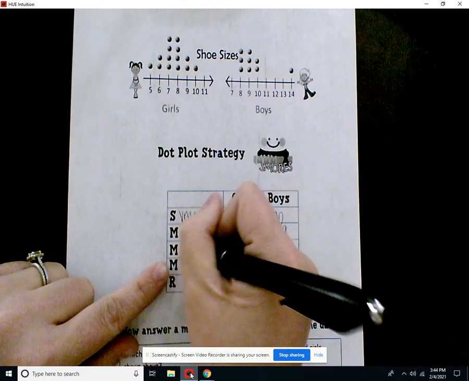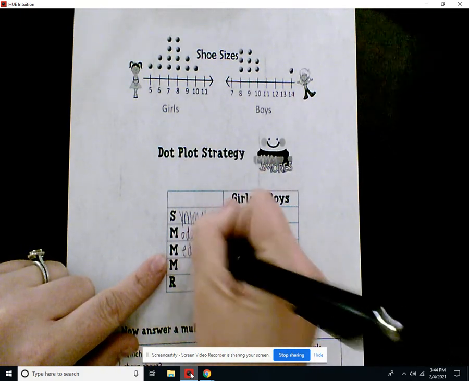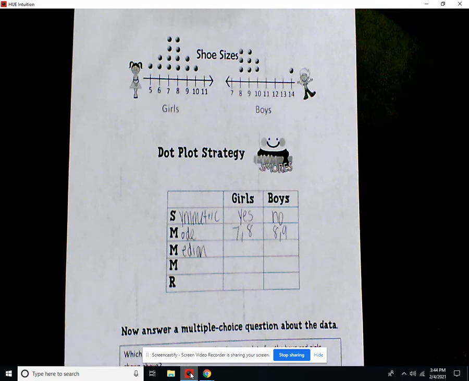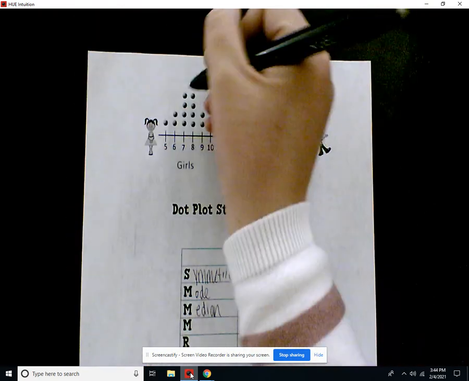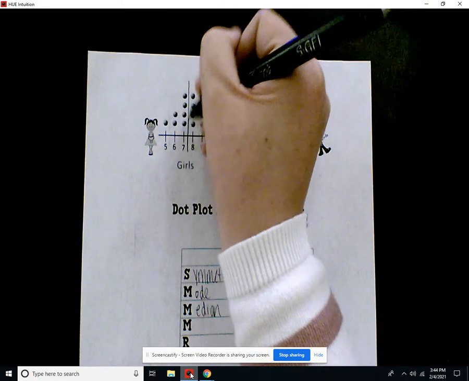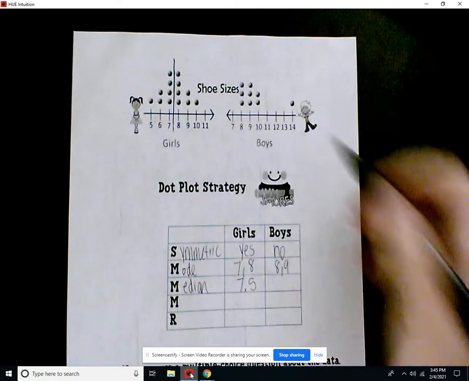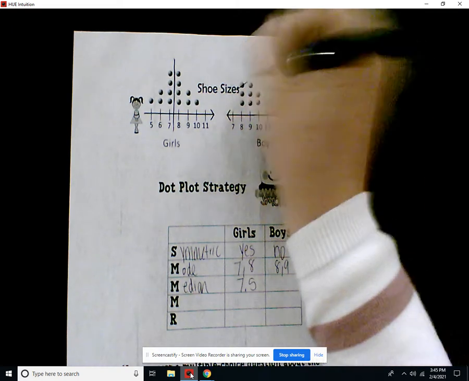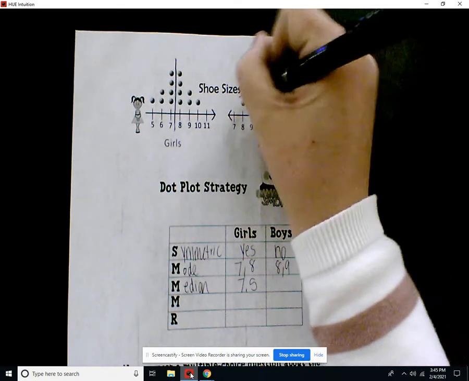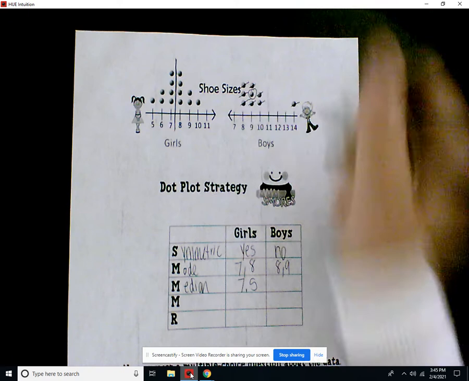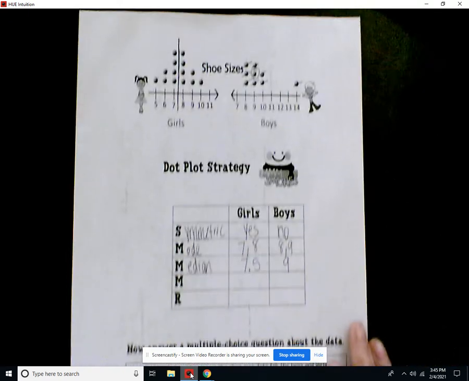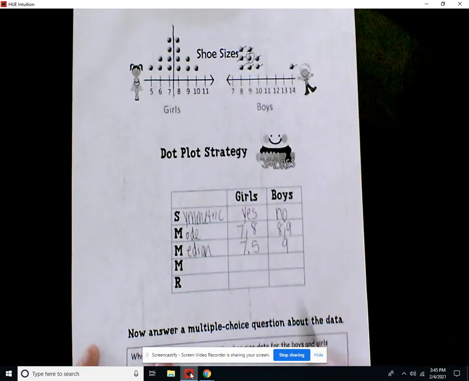Next, we'll find our median, that's our middle number. Since the girls is symmetrical, we draw a line down the middle, and that's going to be 7.5. The boys, there's not a middle, so we're going to mark off our dots to find the middle number, which is 9.